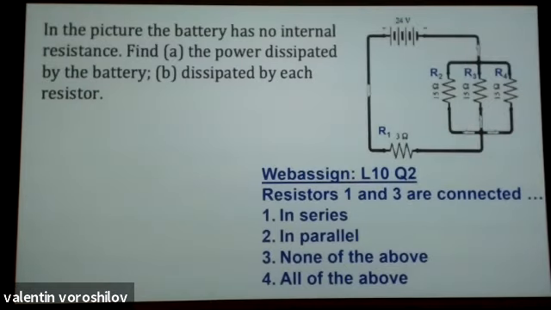3 is correct. It is definitely at this point not in parallel. Why? The battery messes it up. I could have redrawn this circuit in this manner.